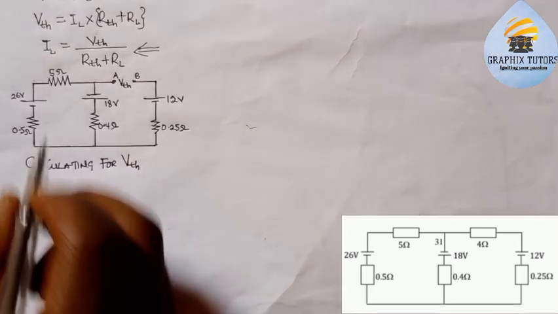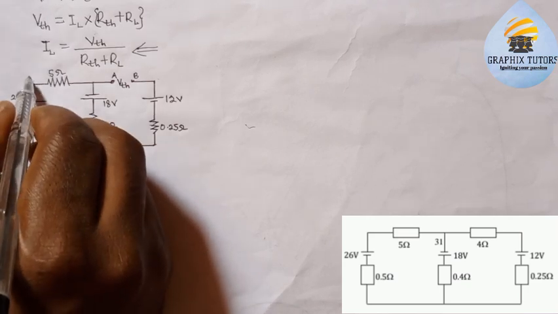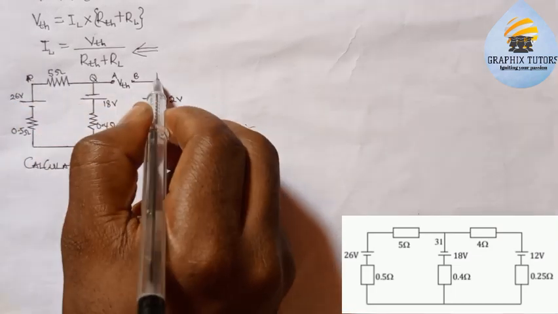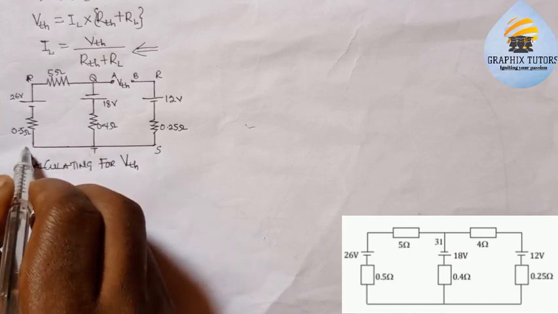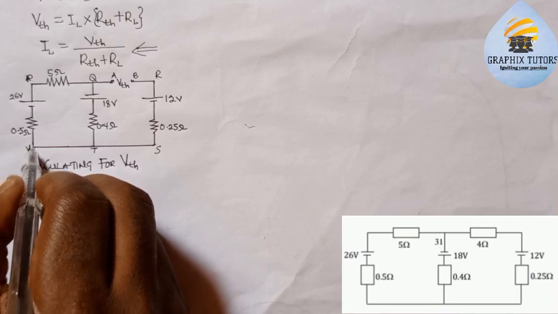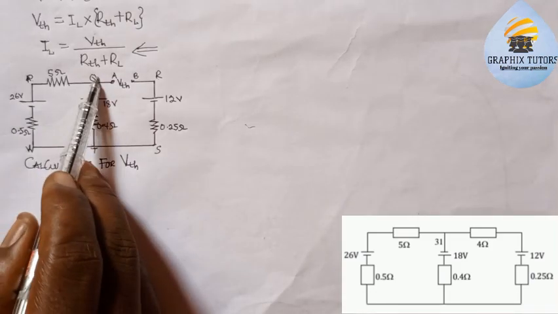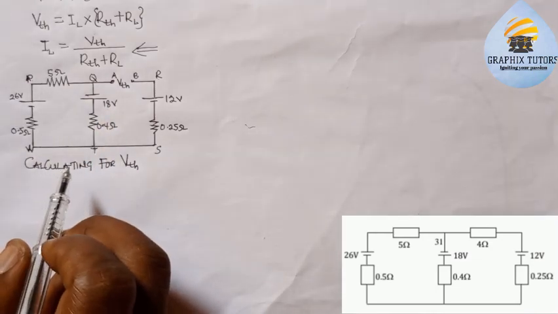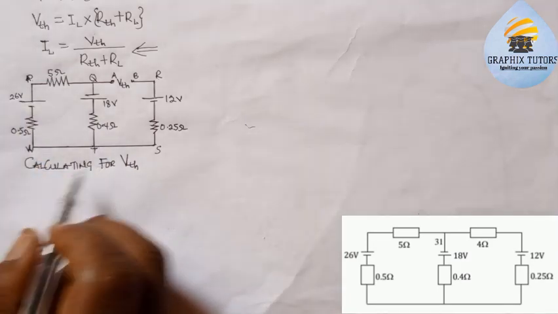Now when we get here, let's call this point P, here Q, here R, S, T, and V. Or let me call it W. The reason is this. We want to consider the loop P, Q, T, W, P using KVL, as in Kirchhoff's voltage law.